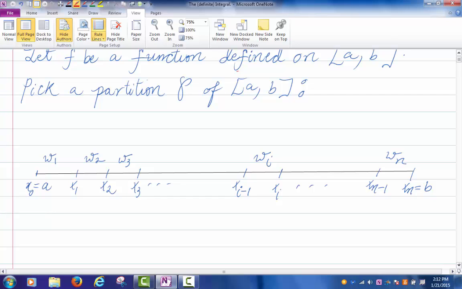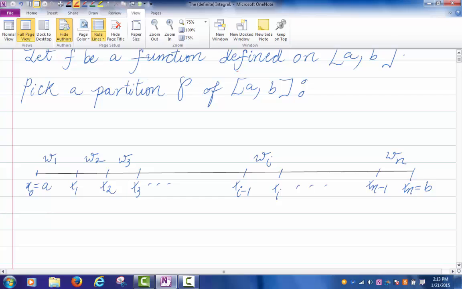This is interval number what? It will be 100th or nth. This would be the nth subinterval because the interval number is the same as the index of the right-hand point.